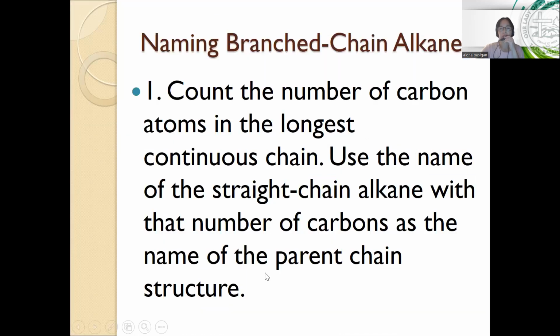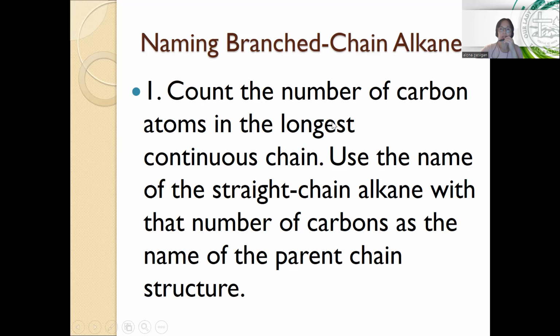Okay, so in naming, let's have first the guidelines in naming branched chain alkanes. First, count the number of carbon atoms in the longest continuous chain. Use the name of the straight chain alkane with that number of carbons as the name of the parent chain structure.